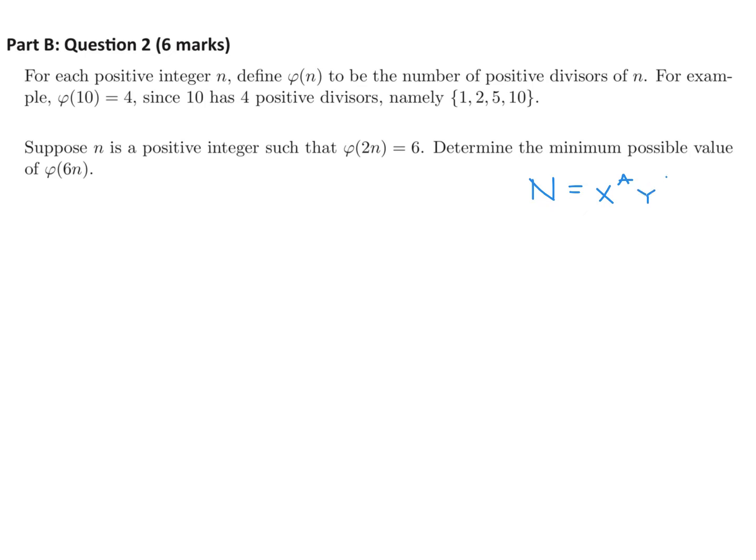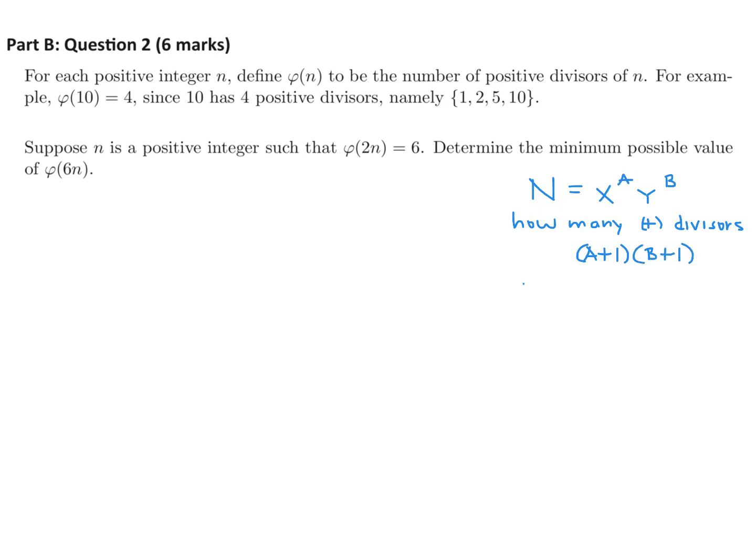How many factors, not necessarily prime? How many positive divisors? Well, there's a very easy way of doing this. All you have to do is take that a and add 1, and then take that b, add 1, and then multiply them together. So this would be the number of divisors.